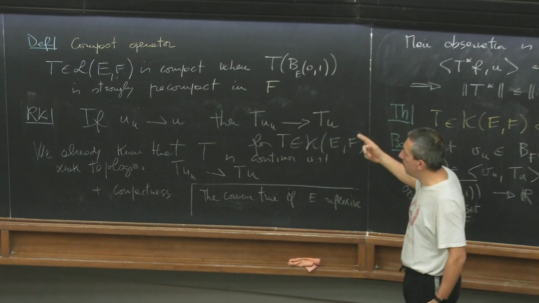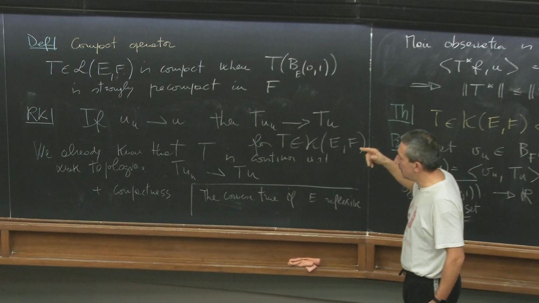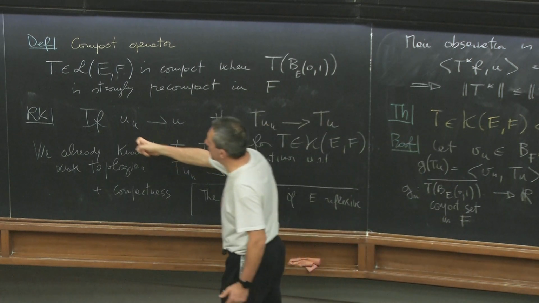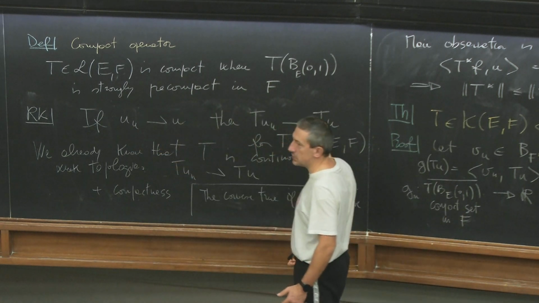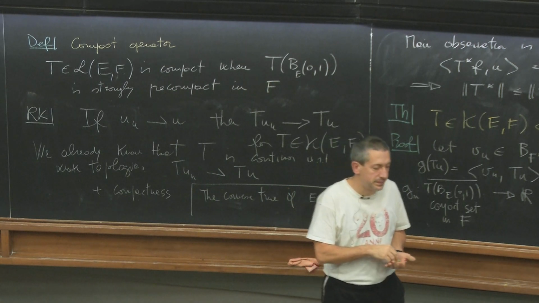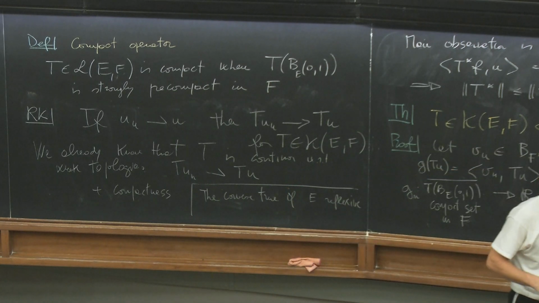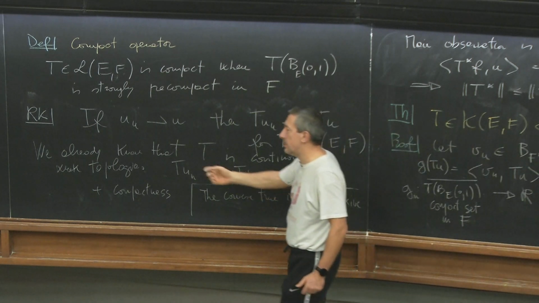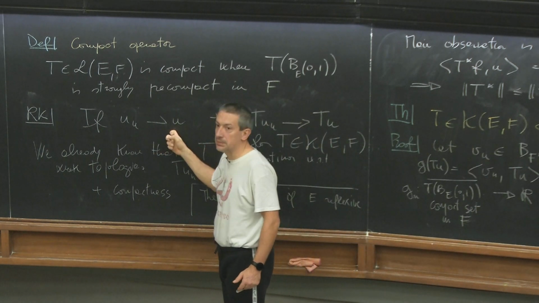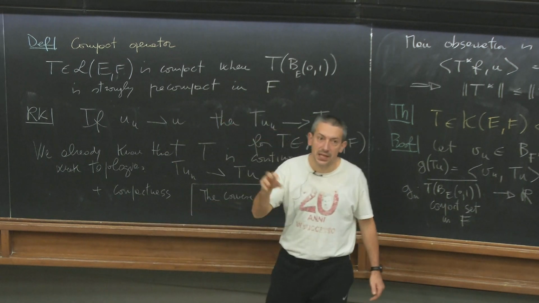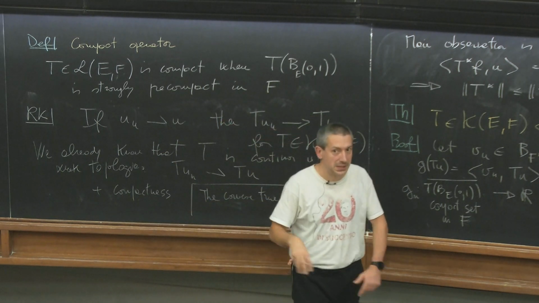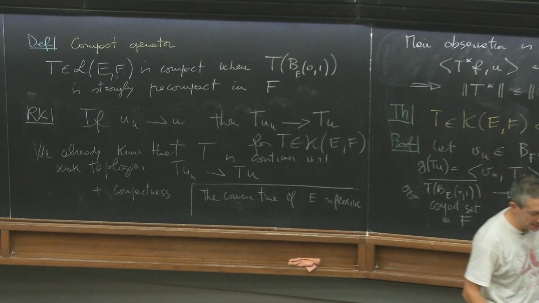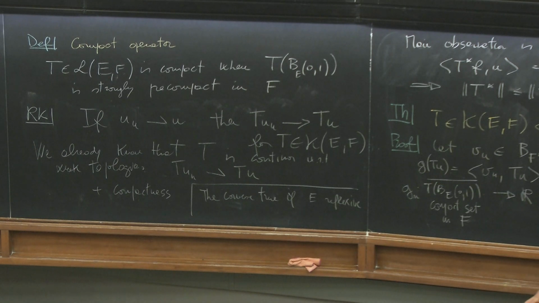So if it is non-compact, you have a sequence which is weakly convergent, but T applied to it is not strongly convergent. You need to rule out some cases because if you remember in L1, this implies the strong convergence, and then the criterion is empty. It doesn't tell you anything. Okay. So this is about the basic properties of compact operators.